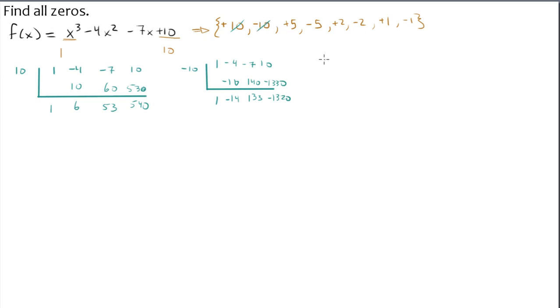Let's try positive 5. 1, minus 4, minus 7, 10. Bring down the 1. 5 times 1 is 5. Negative 1. This looks promising. 5 times negative 1 is a negative 5. Nope, never mind. Signs are wrong. It's a negative 12.